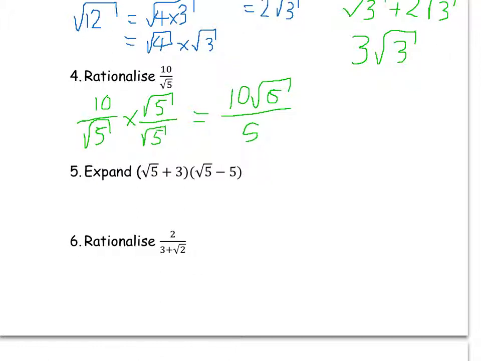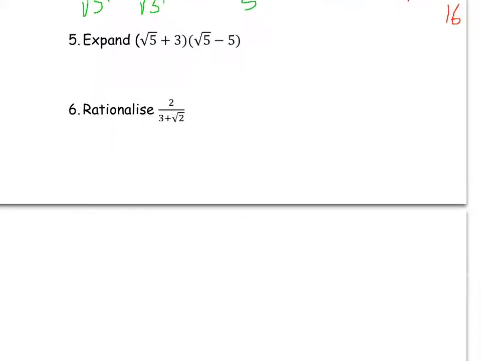If you think about a nice easy example, like root 16 times root 16, you know that root 16 is equal to 4, and 4 times 4 is equal to 16, which is the same as root 16 times root 16, and the 16 is what we get. So let's tidy up what we were doing here. 10 over 5 is 2, so the answer is 2 root 5.